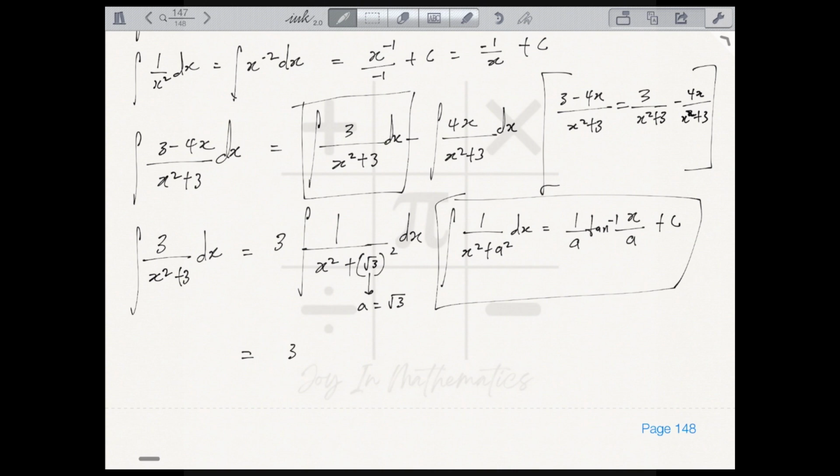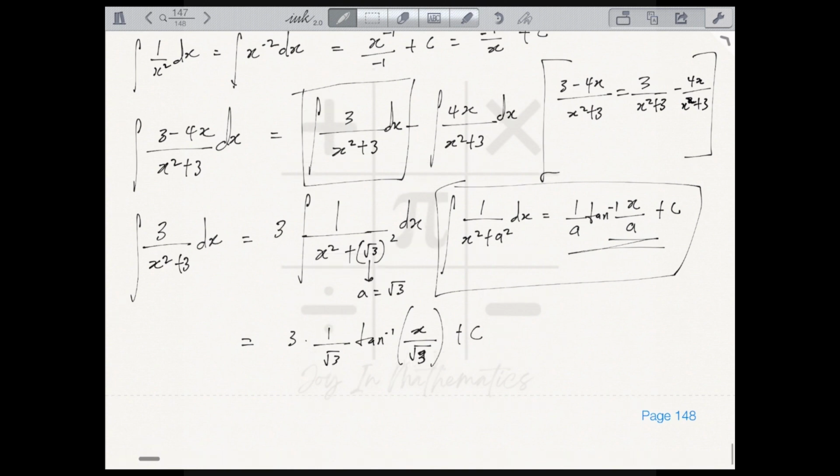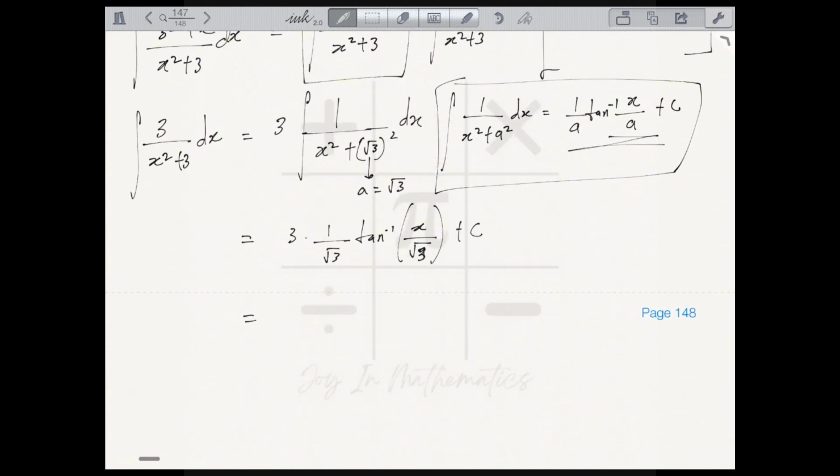That is, integrating 1/(x² + (√3)²) with respect to x will give us (1/a) arctan(x/a), where a is √3, that's (1/√3) arctan(x/√3) + c. And this will give us 3/√3 arctan(x/√3) + c.